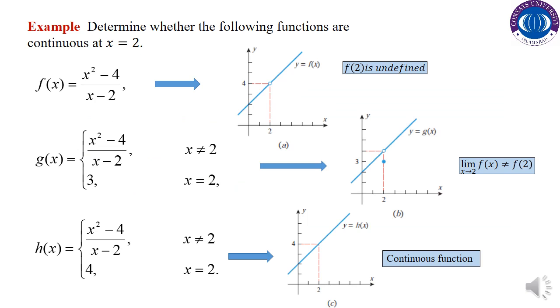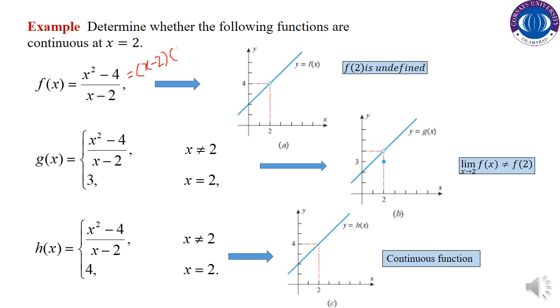In this example, determine whether the following functions are continuous at x equal to 2. We have to find the continuity of these functions at x equal to 2. First, look at the function f of x. If we simplify this function, in the numerator we have x minus 2 and x plus 2.